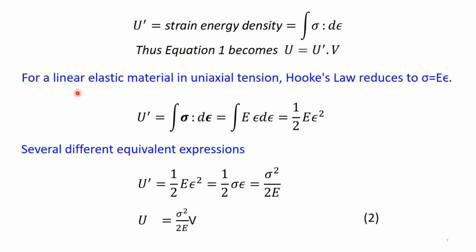For a linear elastic material in uniaxial tension, where a force acts only along one axis, Hooke's law reduces to sigma equal to E into epsilon.